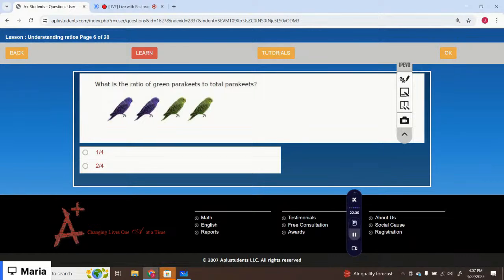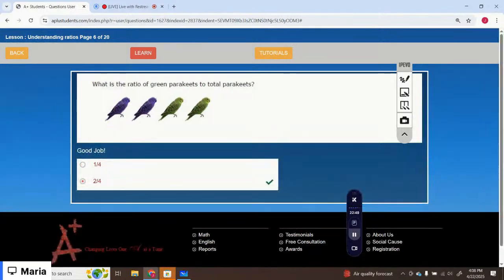What is the ratio of the green parachutes to total parachutes? Green parachutes to total. Two green parachutes and total of 4, so that is 2 to 4.